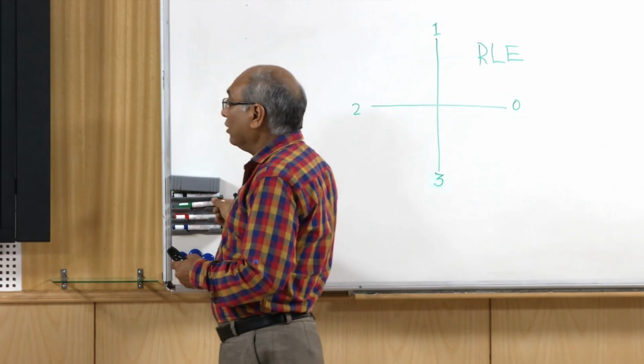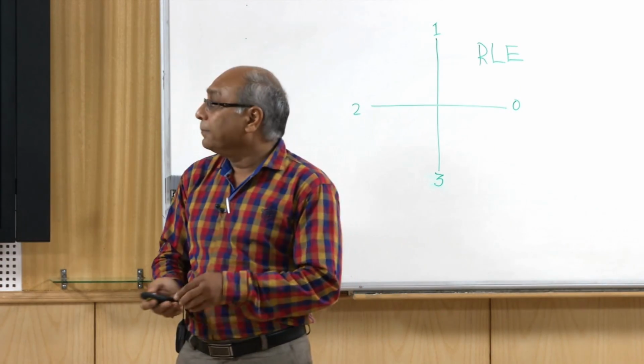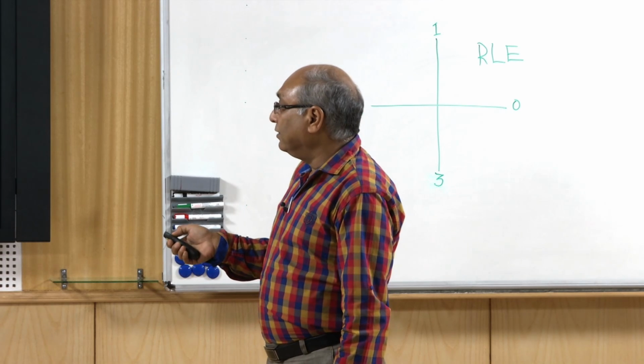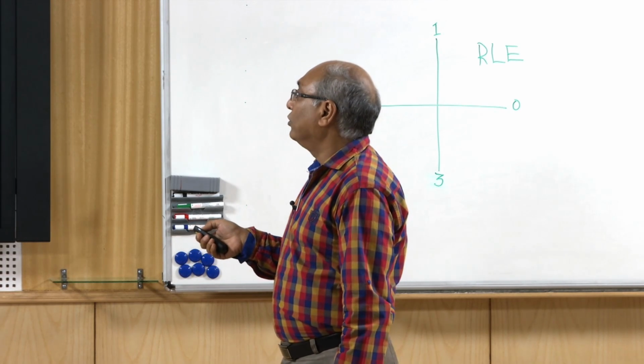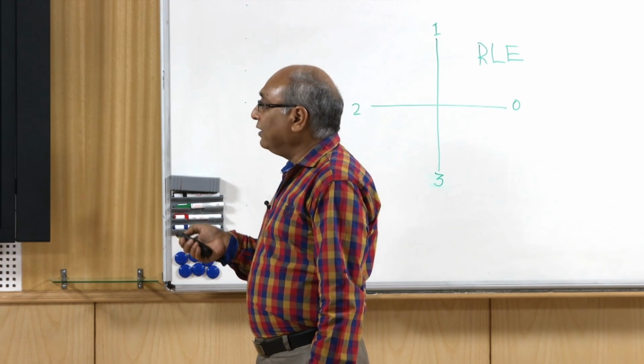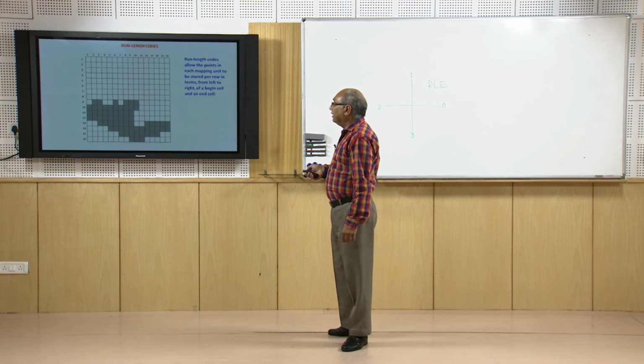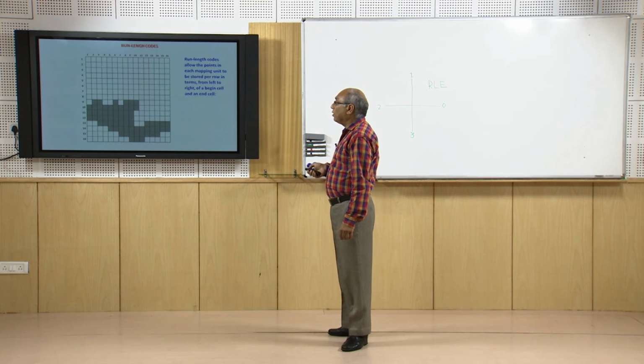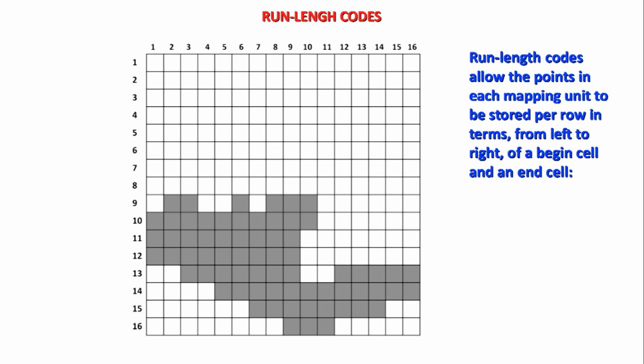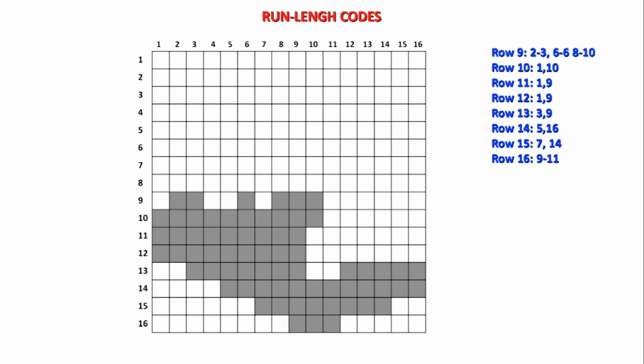As the name implies, along the length we run and count the number of pixels or cells coming. Run length codes allow points in each mapping unit to be stored per row in terms of left to right of a begin cell and end cell. So let us see how this image can be stored.